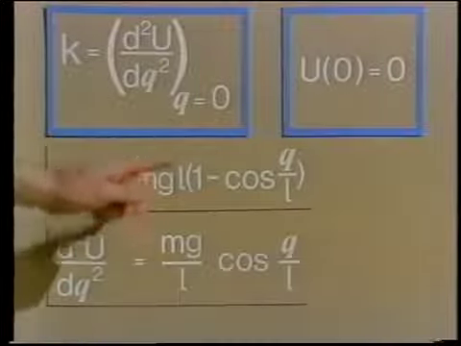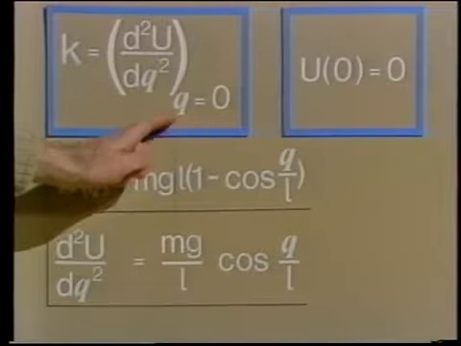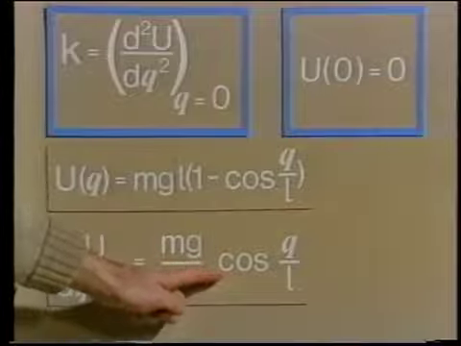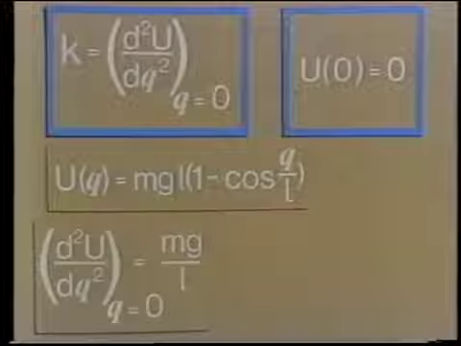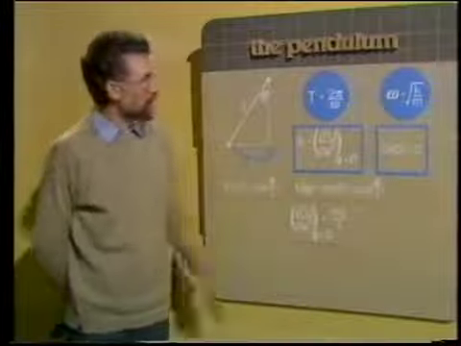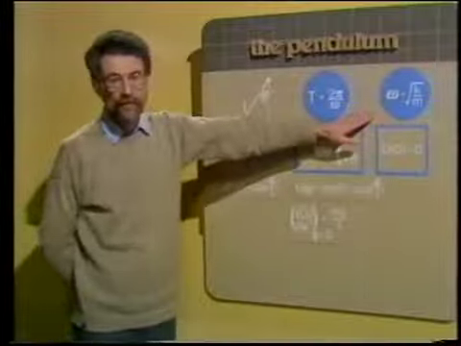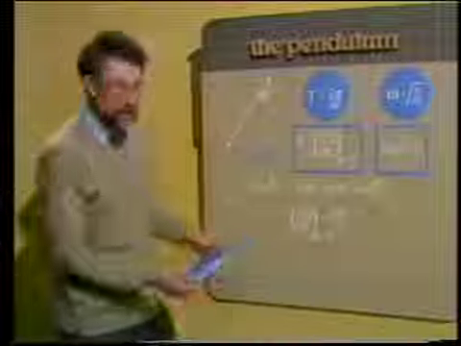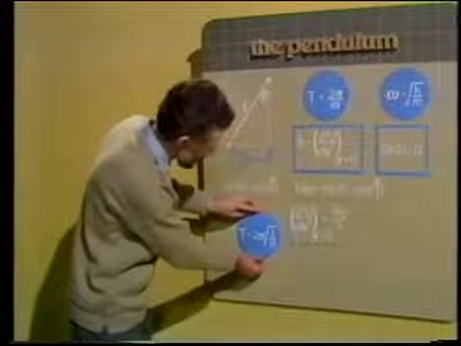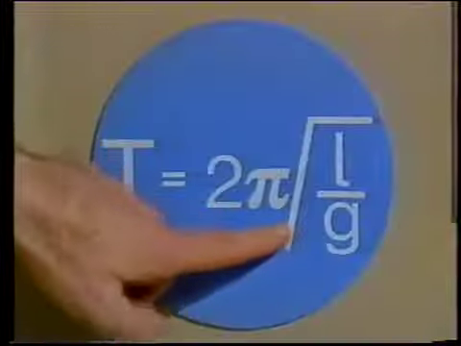The next thing is to put q equal to 0. Now cos of 0 is 1, so k is given by this, mg over L. Now omega is root k over m, and that's root g over L. So finally I get T, the period, is 2 pi root L over g.